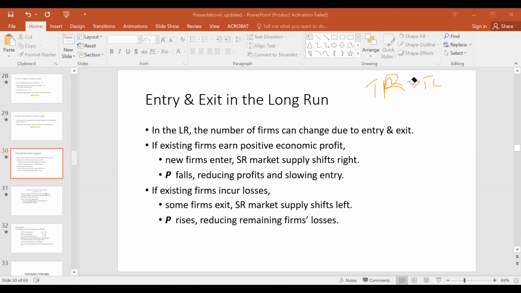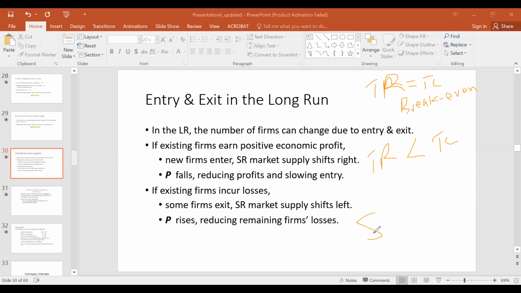When total revenue is equal to total cost, profit is zero, so you call it zero economic profit, also called break even. What if total revenue is less than total cost? This is definitely a loss. You've made a loss, so it's a negative economic profit.